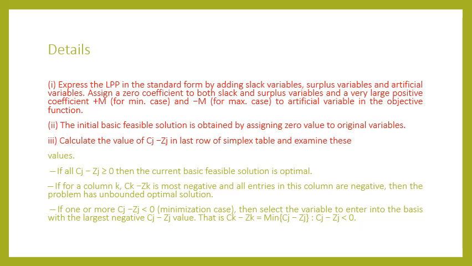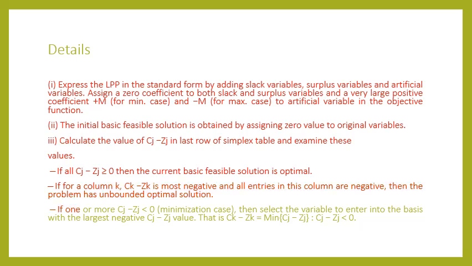If for a column K, Ck minus Zk is most negative and all entries in this column are negative, then the problem has an unbounded optimal solution.